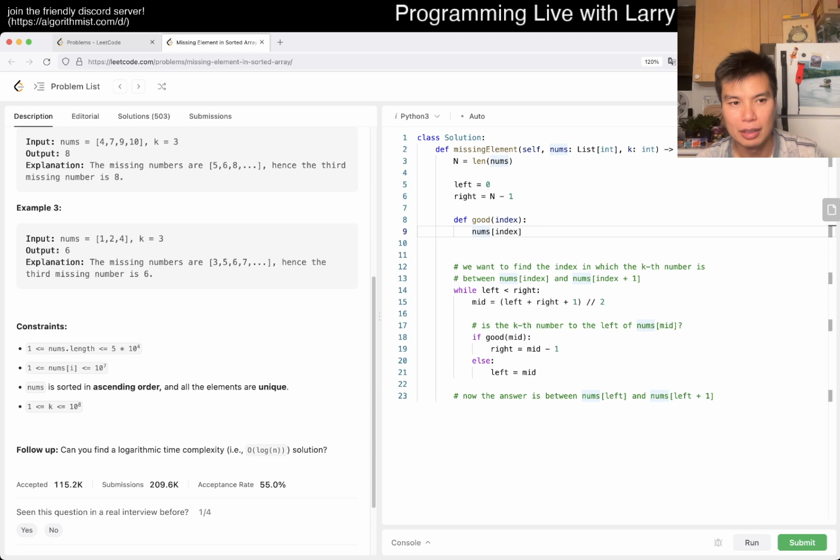So if the nums is 4, what does this mean? That means how many spaces are there before this number, right? Because the kth missing number is going to be the number of gaps before this number. So if this is the number here at num sub index, that's the total numbers.